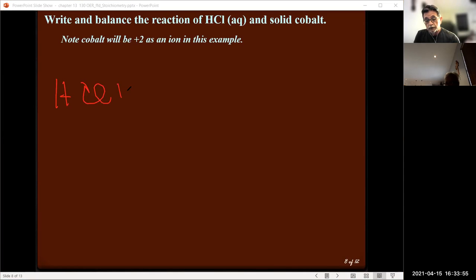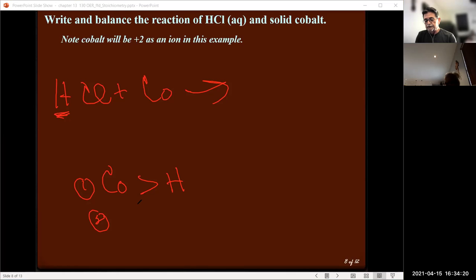HCl plus cobalt. Here is the ionic form of hydrogen in the H plus form coming from hydrochloric acid. We also look at the activity series and find that cobalt is more reactive than hydrogen. Okay, that's the first question you ask.